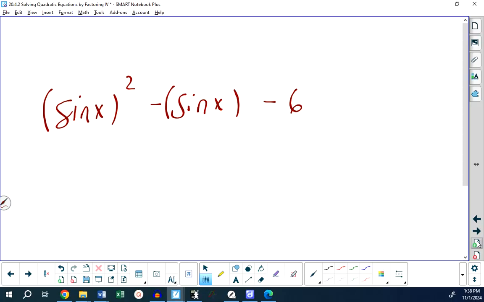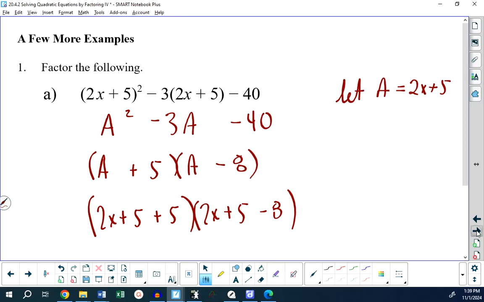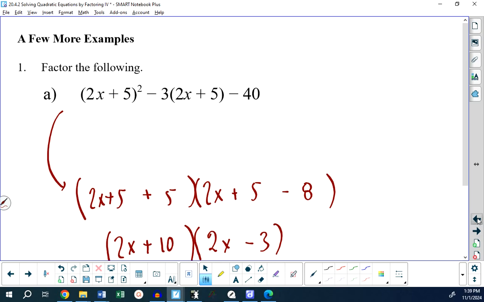So you have to be able to say, oh, this will be sine of x minus 3 times sine of x plus 2, because negative 3 and 2 multiply to give negative 6 and add to give the negative 1 in the middle coefficient. So this is why we're learning this. It's so that when you get to 30, you don't have to be taught it from the beginning. Anyway, we get to here.